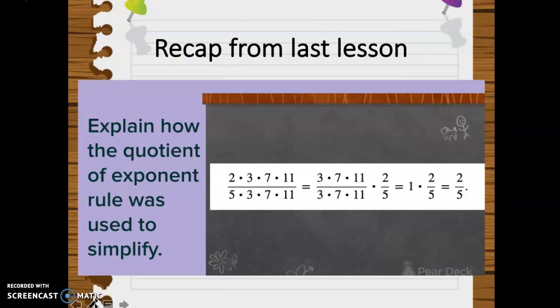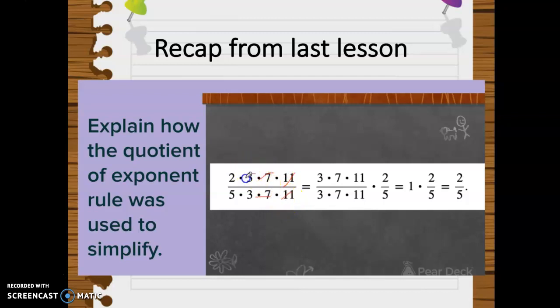This whole video is on recaps from last lesson. One of the things that I noticed right here is I want to go ahead and highlight how you explain the quotient law. Well, if your explanation said that you're using the rule that you're subtracting the exponents, in this case, you can subtract each one because 7 divided by 7 is 1. 11 divided by 11 is 1.